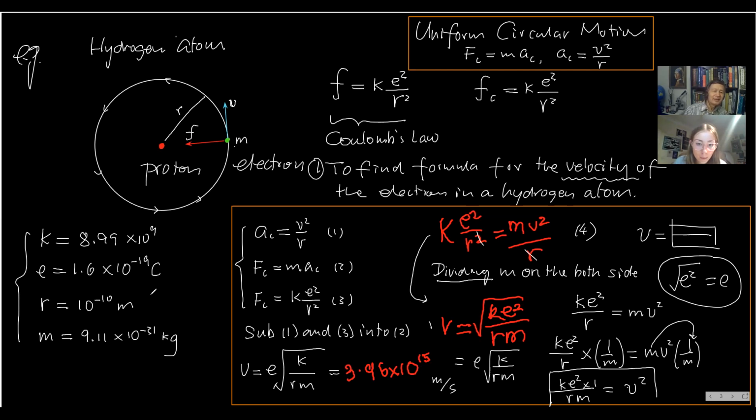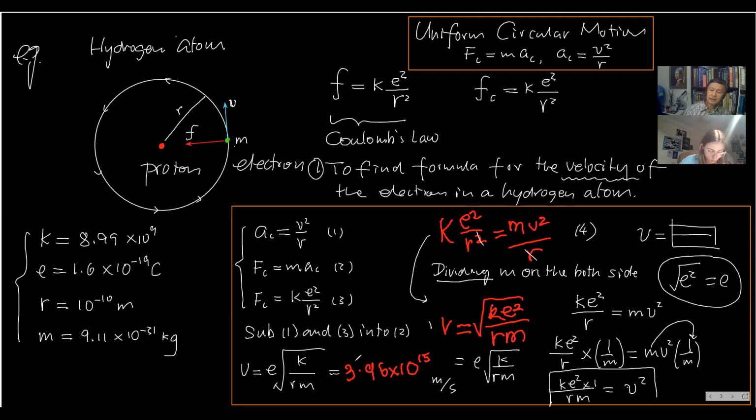All right. So the Coulomb constant is 8.99 multiplied by 10 to the power 9. The mass of the electron is 9.1 times 10 to the power negative 31. And the radius is 10 to the power negative 10.